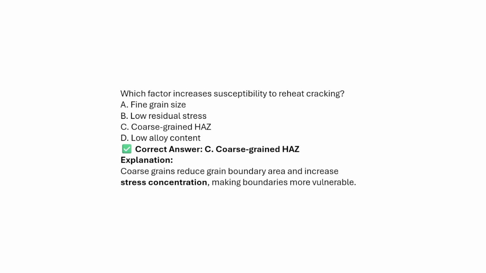The coarser grains reduce the grain boundary area and increase the stress concentration, making boundaries more vulnerable. So it will be the coarse grain HAZ. In the case of fine grains, we have more grain boundary area, but in coarse grains, we have less grain boundary area, less intergranular region.